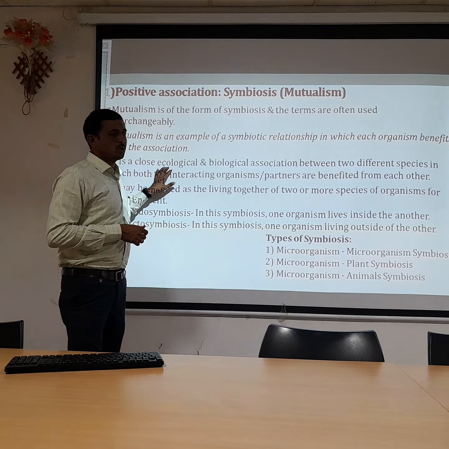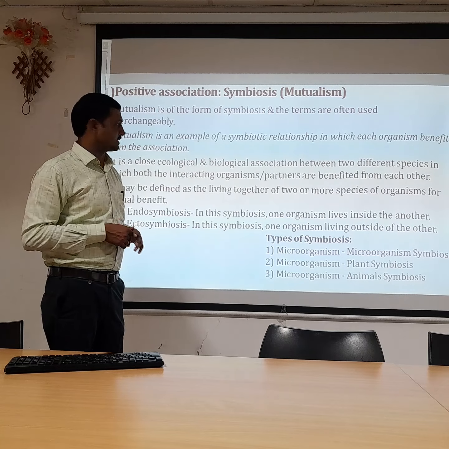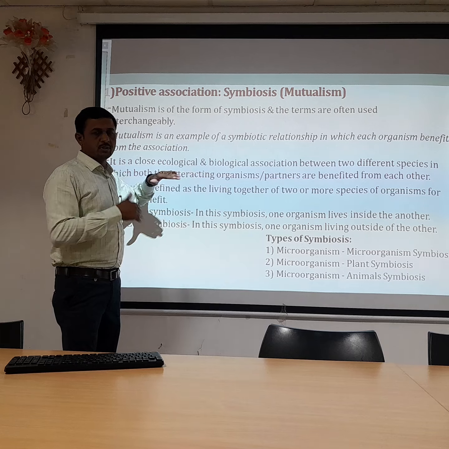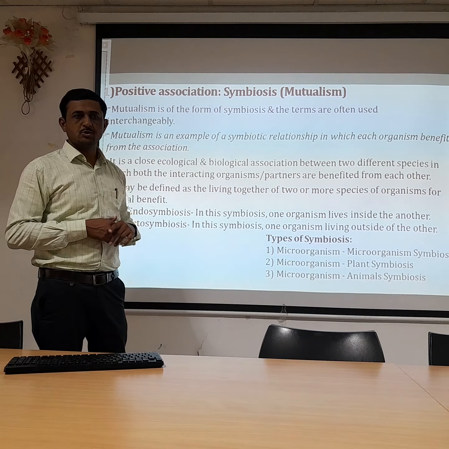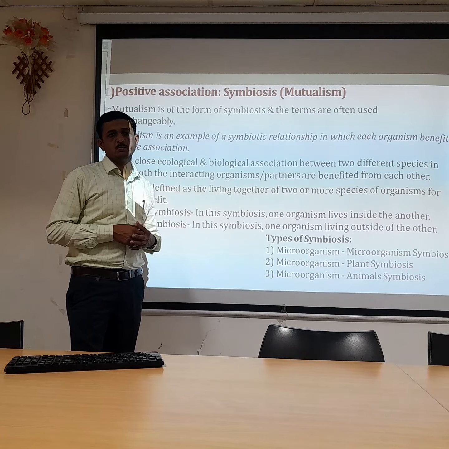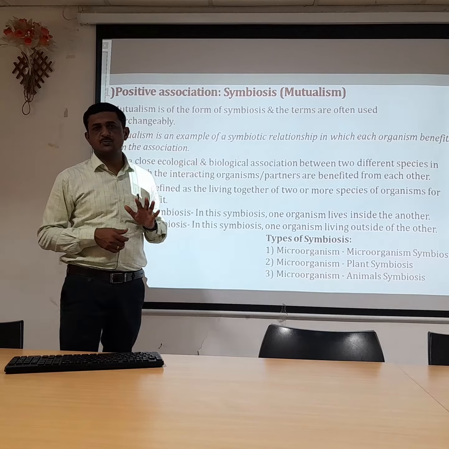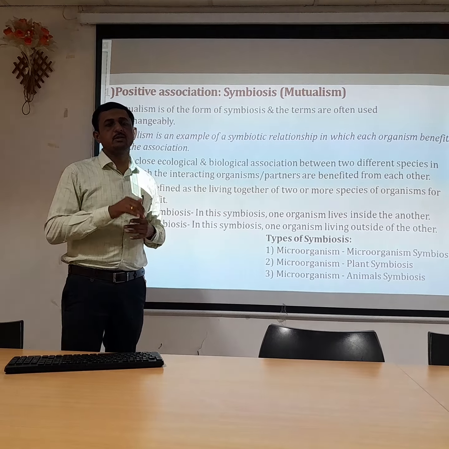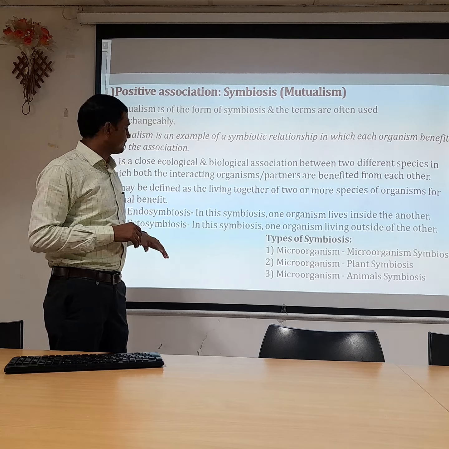It is a close ecological and biological association between two different species, in which both partners benefit from each other. So in mutualistic or symbiotic association, there are two different species, and both partners involved get benefit from the association.